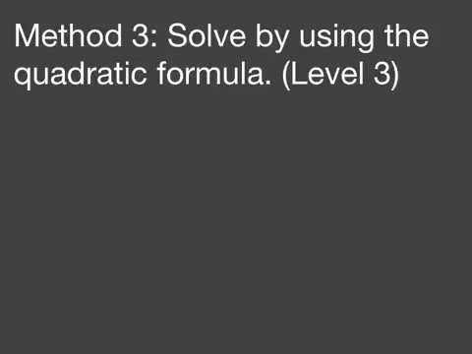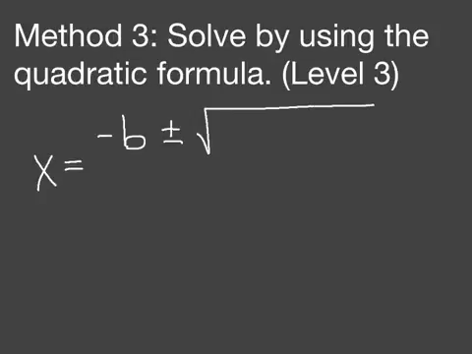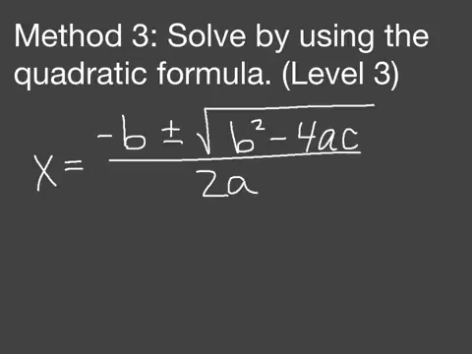Now, this formula is a little bit more complicated than v equals d divided by t, and here's what the quadratic formula looks like. It tells us that x is going to equal the opposite of b plus or minus the square root of b squared minus 4ac all over 2a.